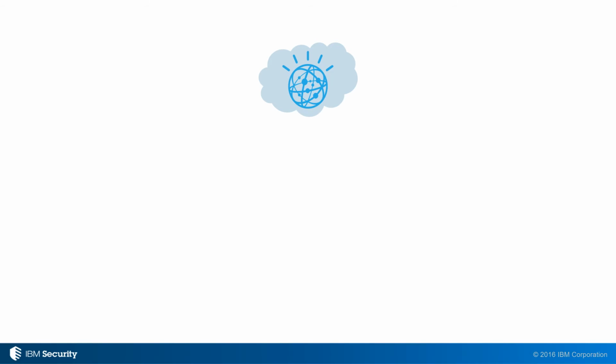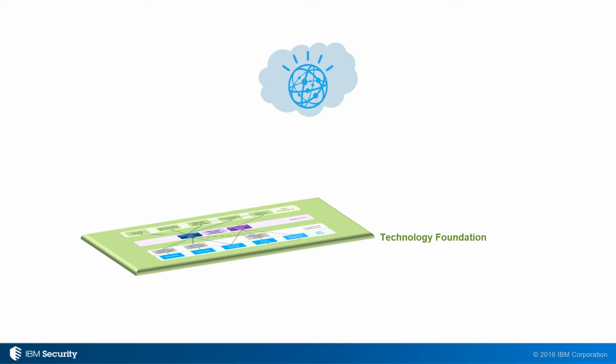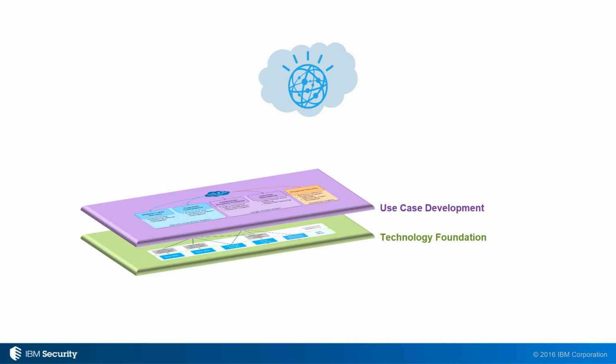Now, the way you would implement a cognitive system is actually with a three-layer model. You have to start with your technology foundation because this cognitive system has to have a basis to process data. You have to know what ways you want to operate on the information with, and you also need to know what you want to put into it. But how you figure that out is through your use cases.